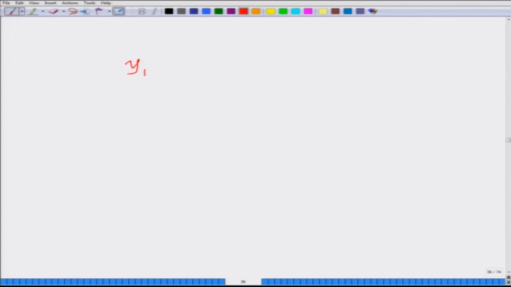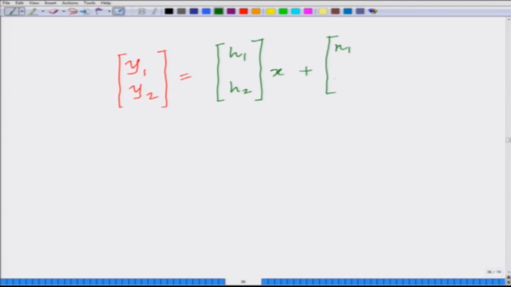I can write this system as a vector y1, y2 equals h1, h2 times x plus n. This is a vector model for this communication system. Now, if you look at this, this is the received vector which can be denoted by y bar.